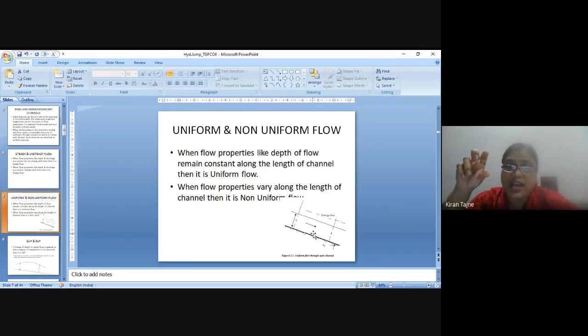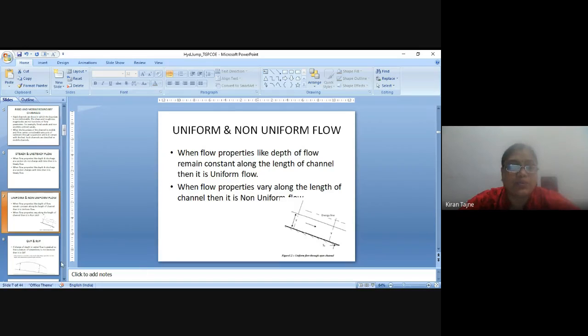So the depth y is constant throughout the length of the channel. Therefore, it is known as uniform flow. If it varies, then it is known as non-uniform flow.